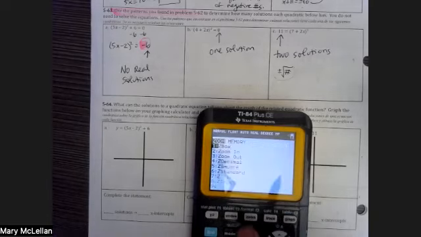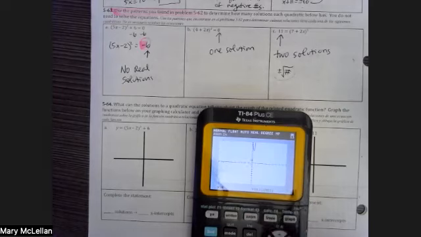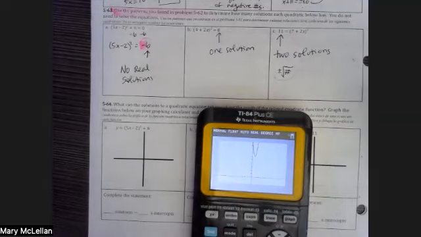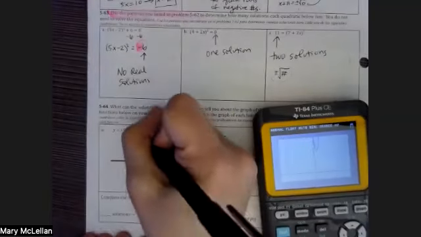Zoom. Maybe I zoom in. Window. Let's make this go from -5 to 5 and start at -2 and go up to 10. Maybe that's going to be better. Well, it's a little better. In any case, boom.